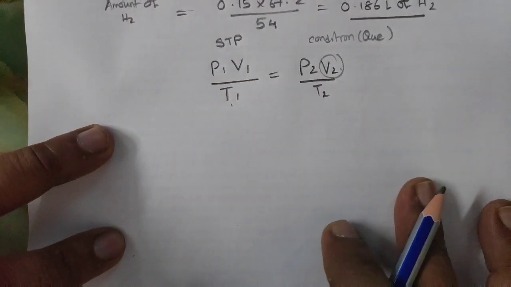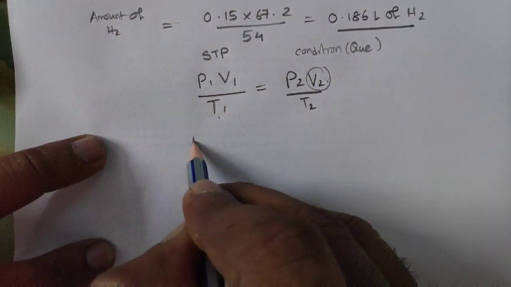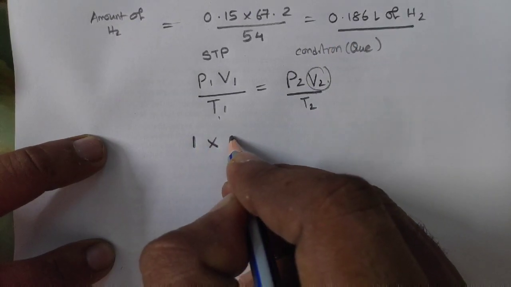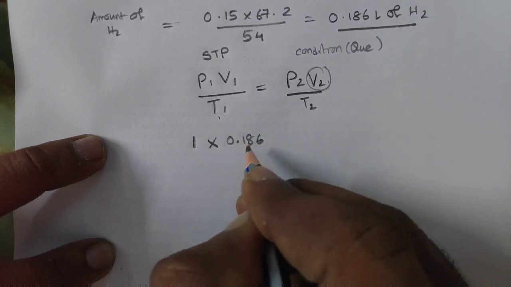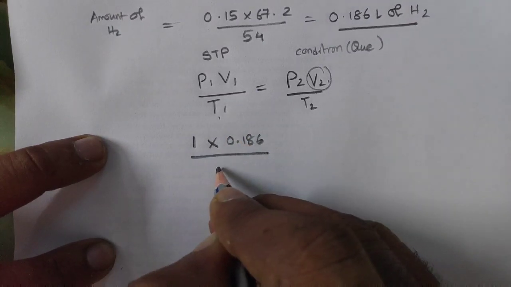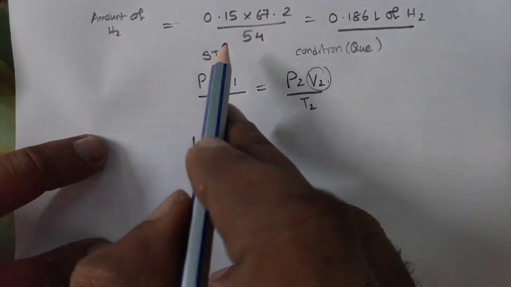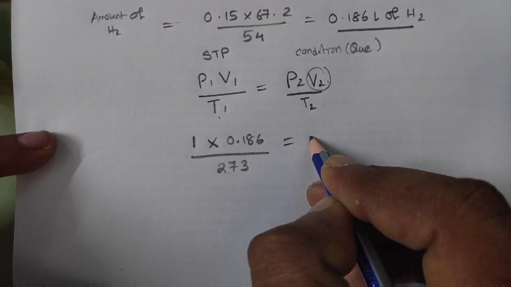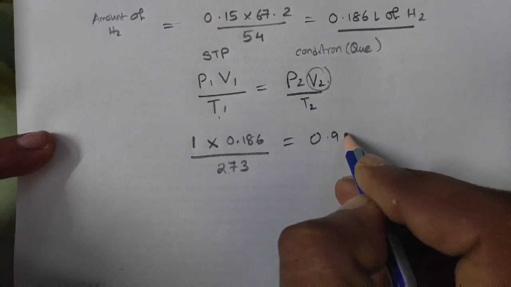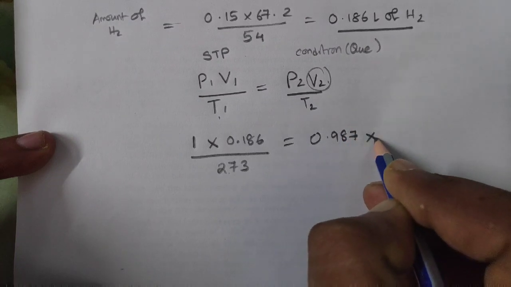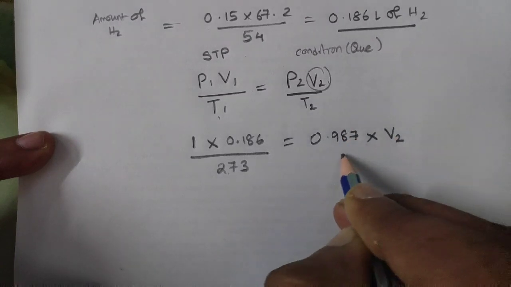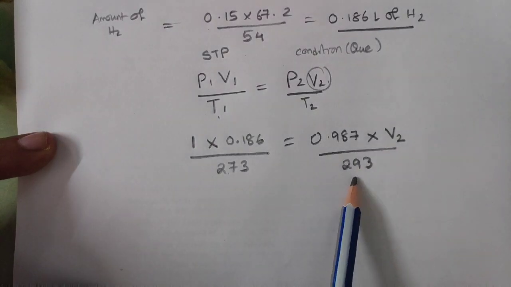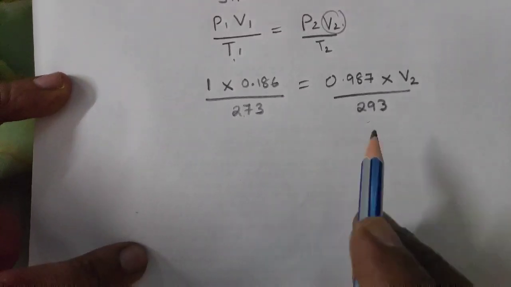So at STP pressure is equal to 1 bar, and the volume of the gas we found was 0.186 liter, upon temperature 273 for STP, which is equal to P2, the given pressure, I think 0.987, into V2 we need to find, upon temperature 293 Kelvin. If it is given in Celsius, you can convert it. Now volume we have to find.